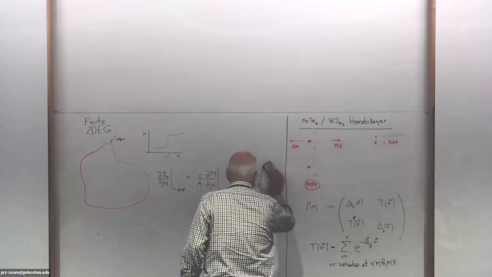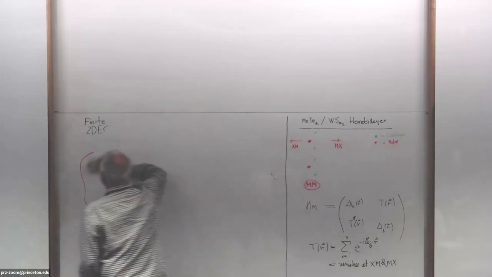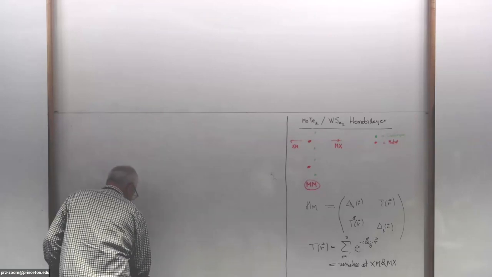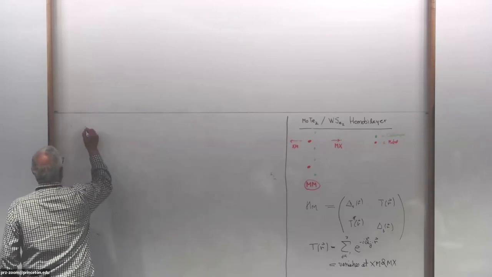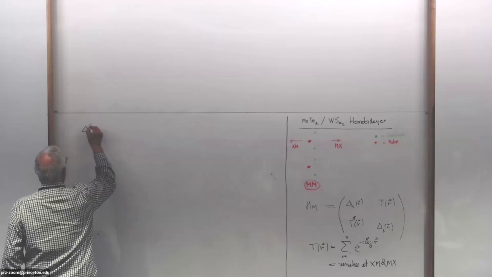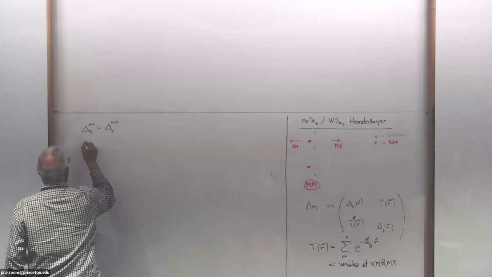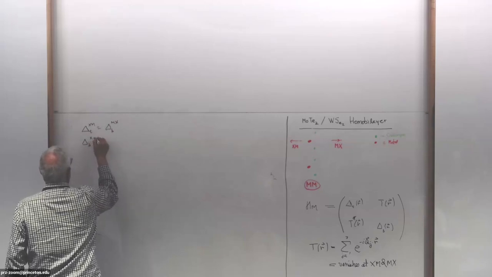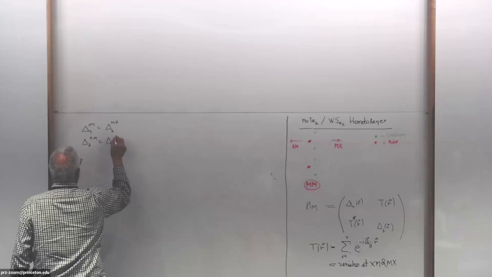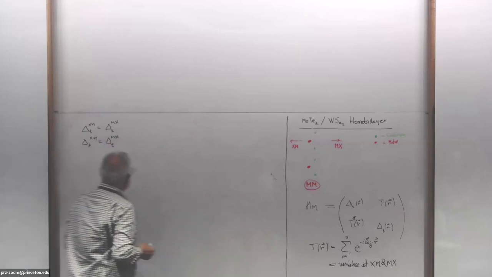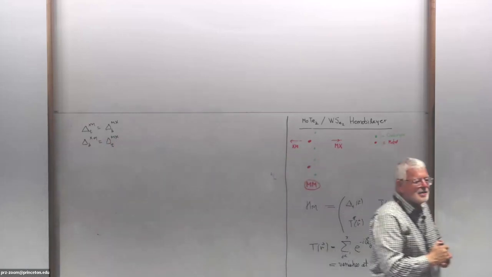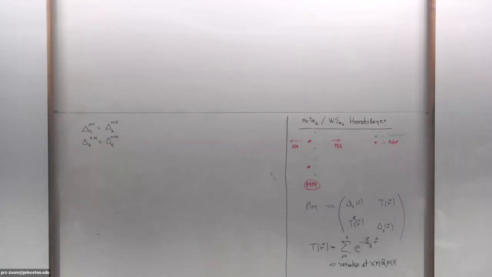Let me erase this and make the next observation. If you can imagine taking this structure and flipping the two layers around, MX will turn into XM and top will turn into bottom.